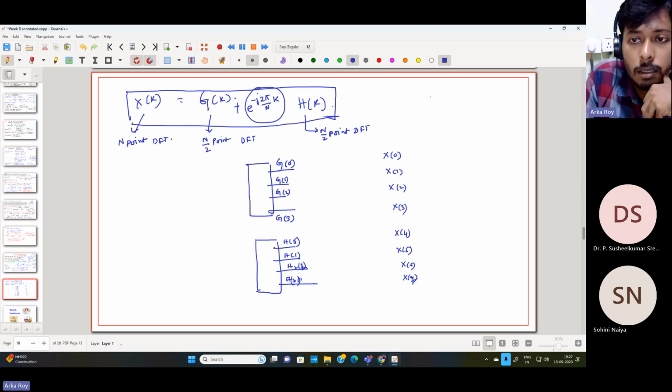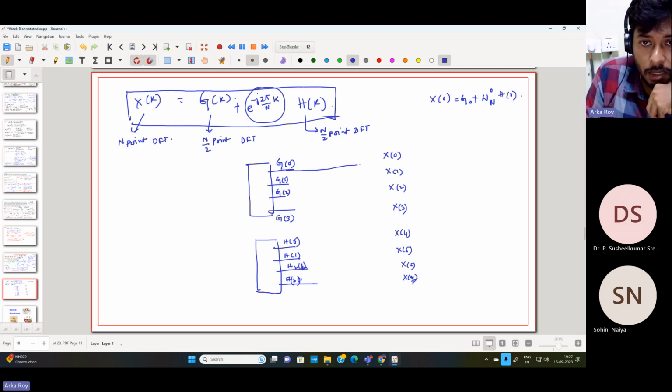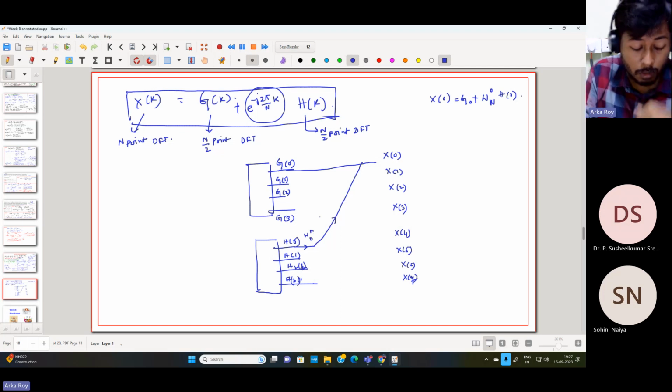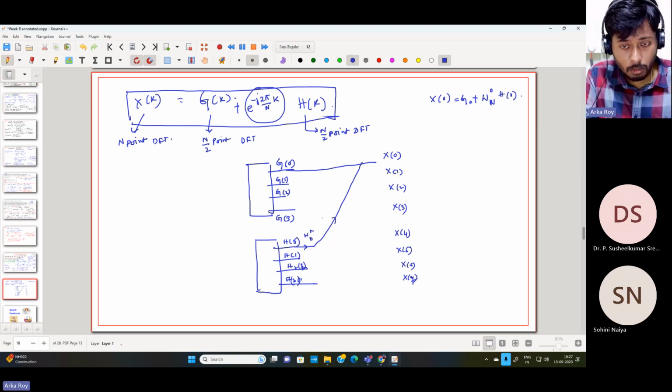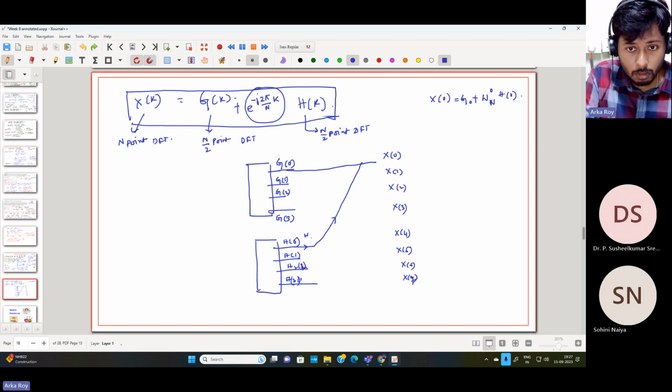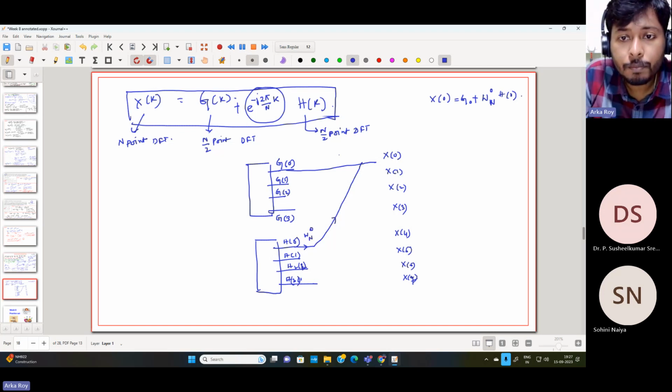So if I find X0, it is G0 plus W n to the power 0 times H0. So this is how I'm getting X0.